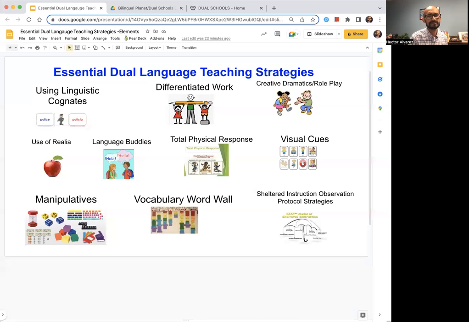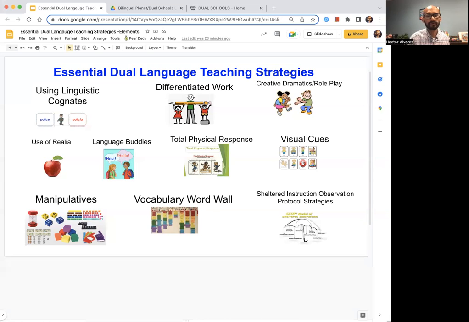The manipulatives also provide a bridge between concrete and abstract. They support engagement and differentiation. This is another way to differentiate. It also gives the students ownership of their own learning when they're using manipulatives. Another way of using visuals is the vocabulary word wall.